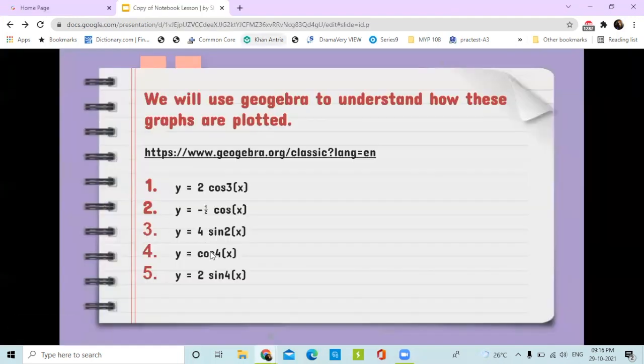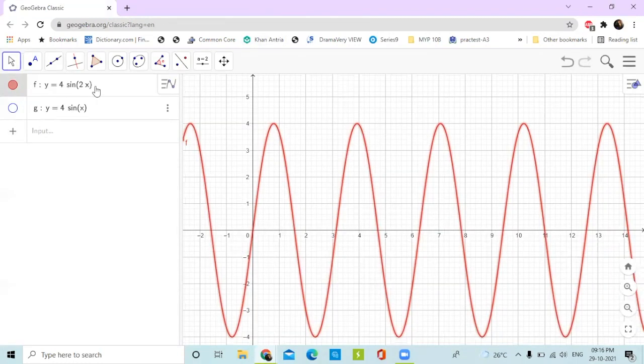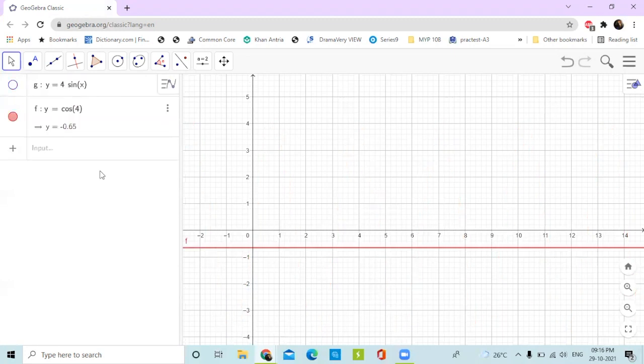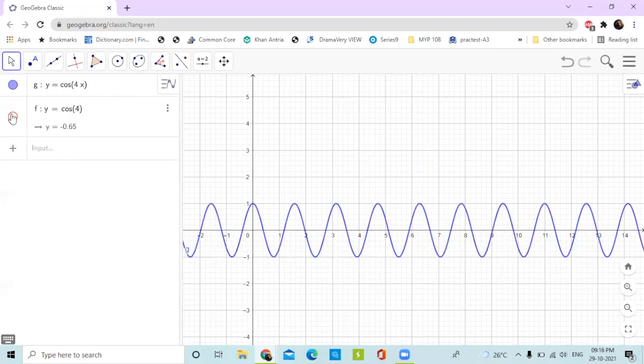Okay, so the next function is y equals cos 4x. Here the amplitude is 1, so the cos wave would start out at positive 1 and go down to negative 1.